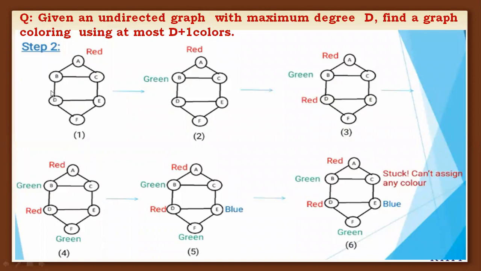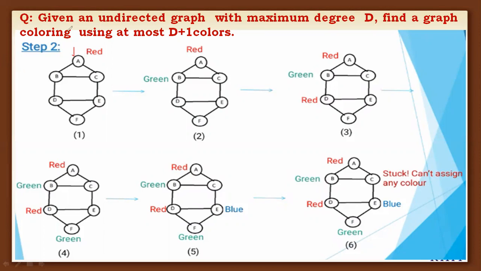So this is the given graph. When I apply the backtracking technique to the given graph, I consider all the vertices. Let me start from vertex A. Initially I color the vertex A with red color.